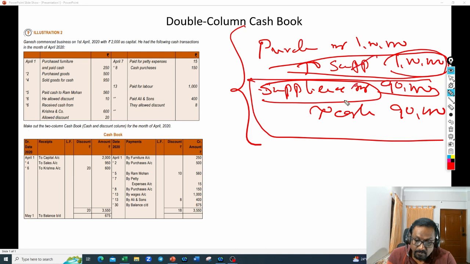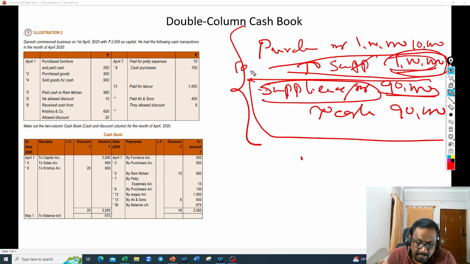Then the difference is how much? 10,000 will be showing as credit in our books. That means I am yet to pay 10,000 rupees to the supplier. That is what our books of accounts would be showing. The supplier account was created with 1 lakh and debited with 90,000. What is left? 10,000. Where is that balance lying? On the credit side. That means what?